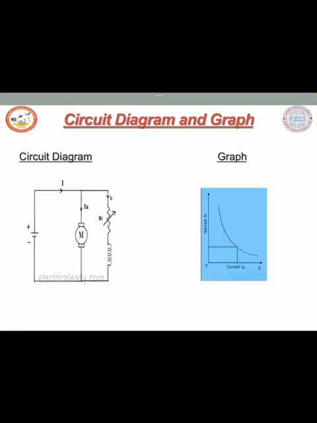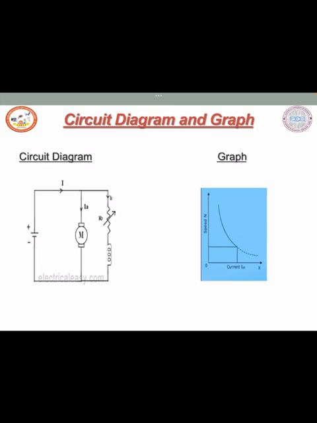Now let us see the advantages of the field control method, or flux control method, and the armature control method, or rheostatic control method. If you consider the advantages of the flux control method, it provides relatively smooth and easy control.